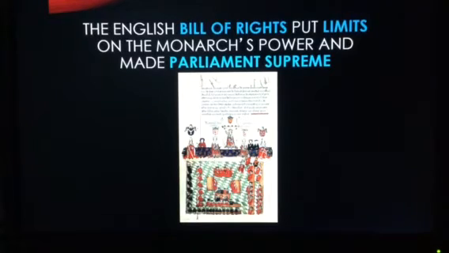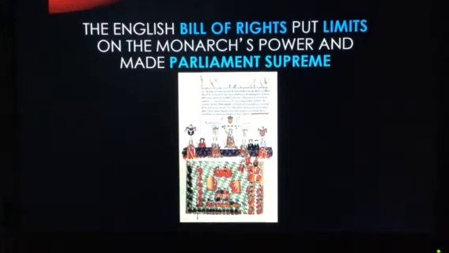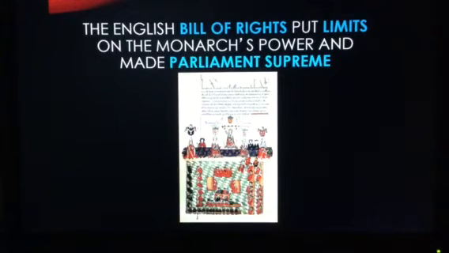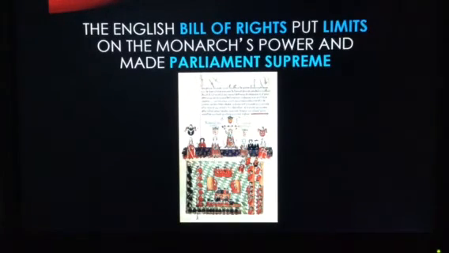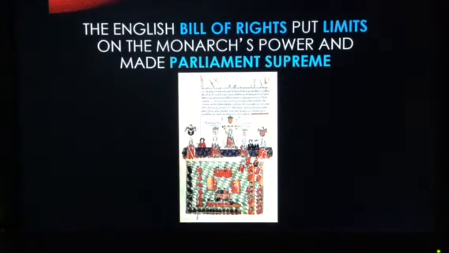The English Bill of Rights put limits on the monarch's power and made Parliament the supreme governing body in England, not the monarch. And this was after centuries of conflict between English monarchs and the Parliament as to who was the ultimate governing authority.